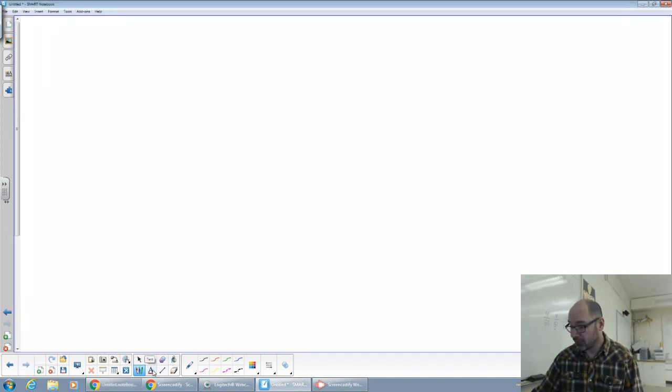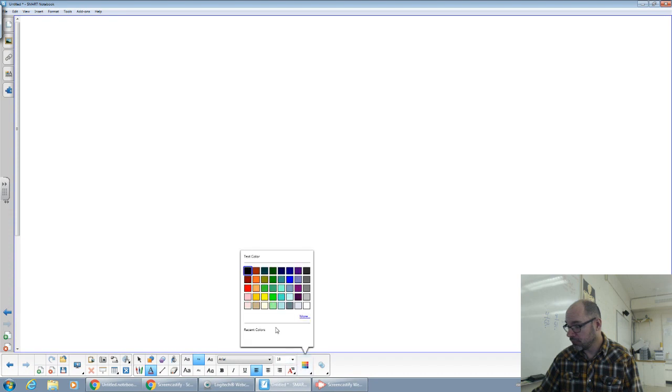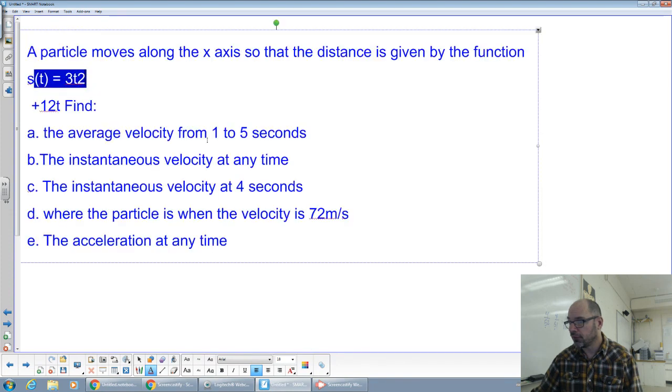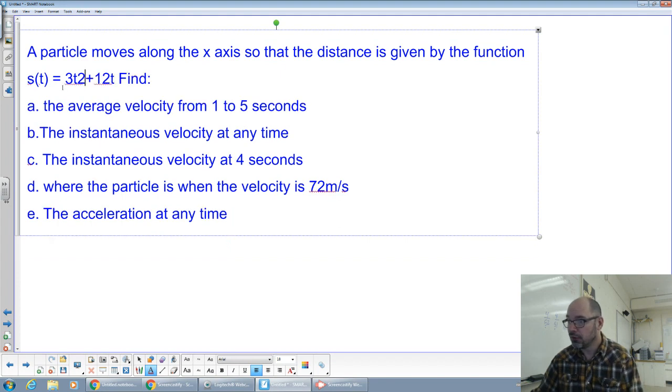Okay, let's go with blue or something. Oh, this one's ugly. Backspace that in there. Should fix that up. There we go.